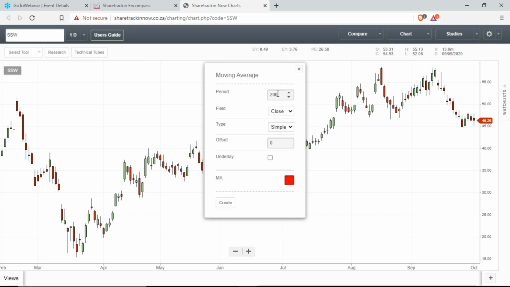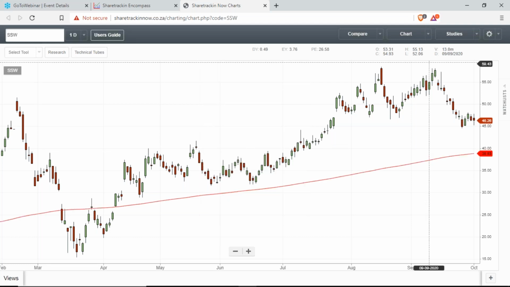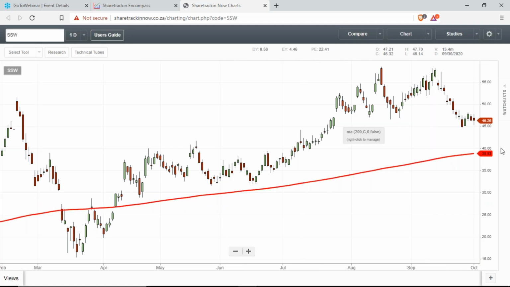Okay, so this gives you an average price over the past 200 trading days. And then I just say create. Automatically the red line appears. I have my average price and the current price.